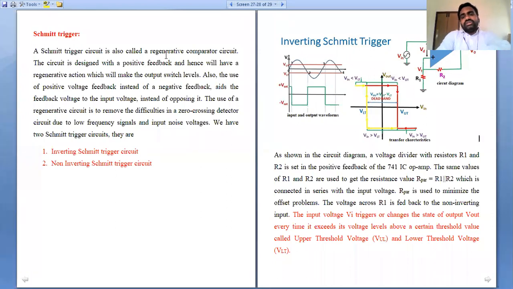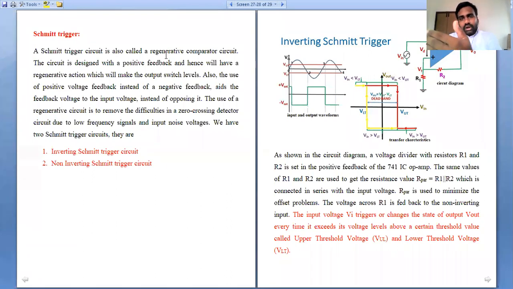So in order to eliminate these drawbacks, we are proposing a new application of the comparator, that is the Schmitt trigger or regenerative comparator circuit. As the name itself says, it is a regenerative comparator circuit in the sense that we have positive feedback here.